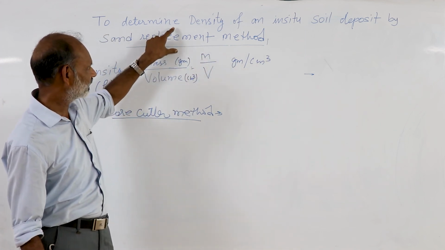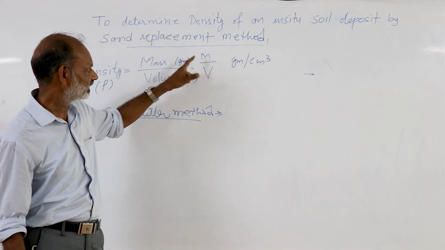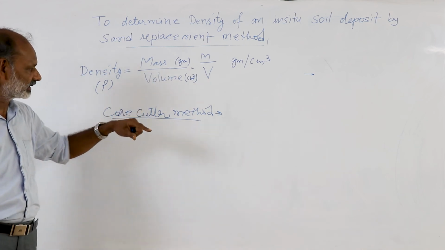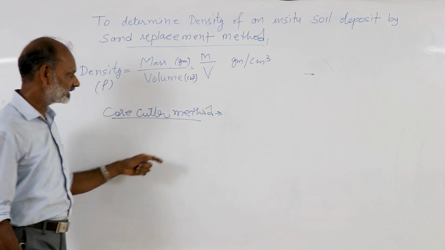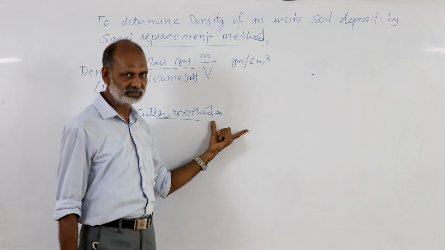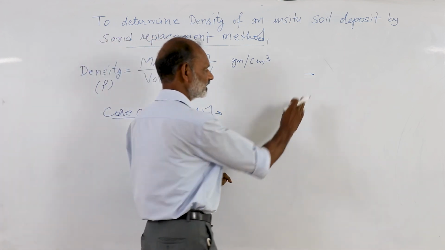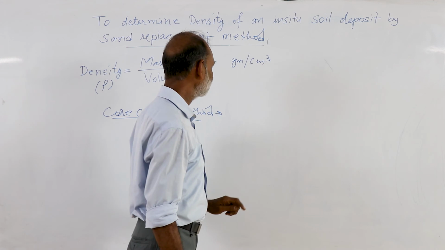So by sand replacement method, we calculate the density of a disturbed sample, but in the core cutter method, we get the density of an undisturbed sample.